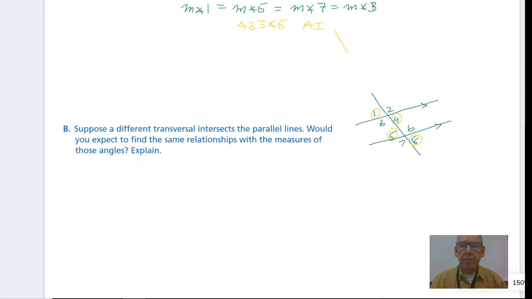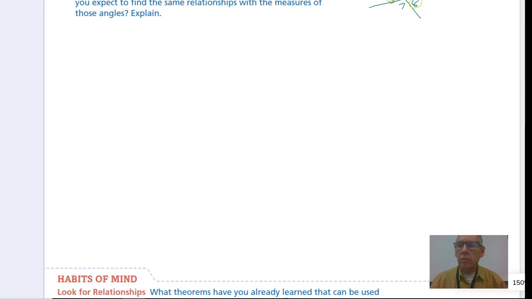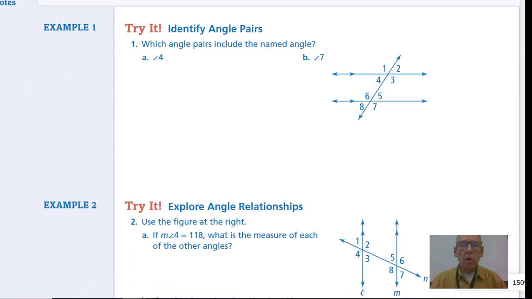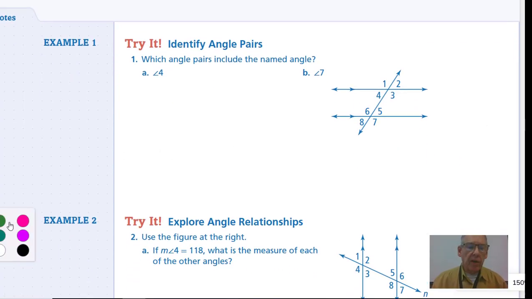Let's move on. Okay, example 1, we want to identify angle pairs. Which angle pairs include the named angle? So we're talking about angle 4 here as our reference angle. Well, angle 2 is a vertical angle, VA for short.